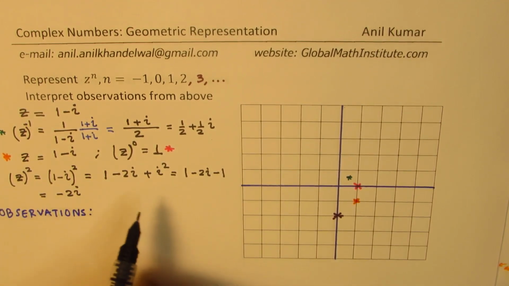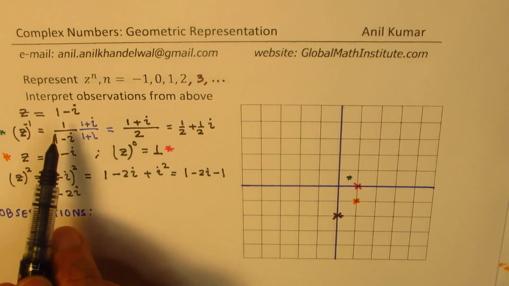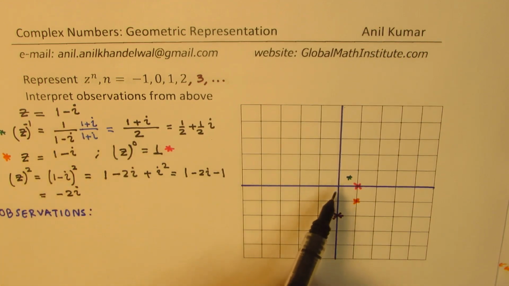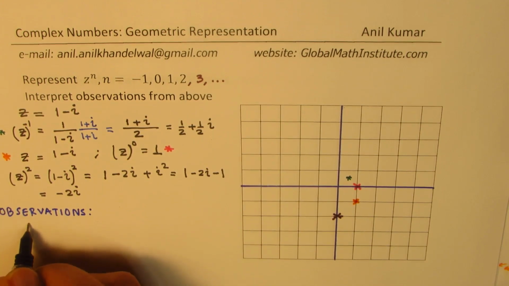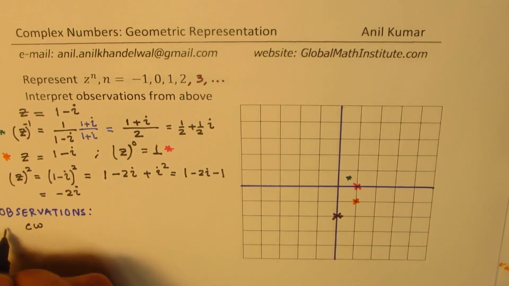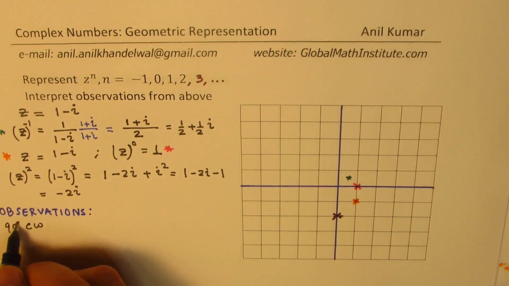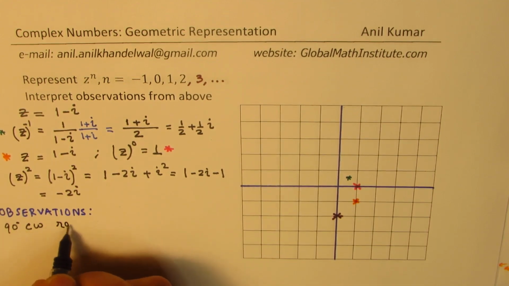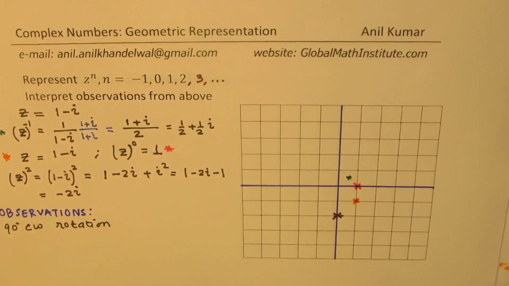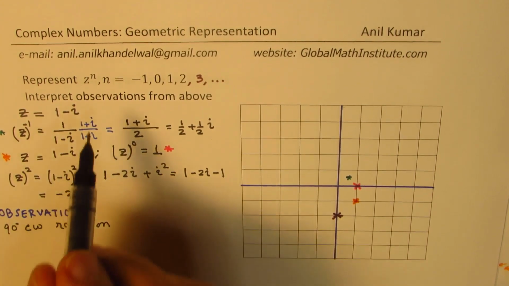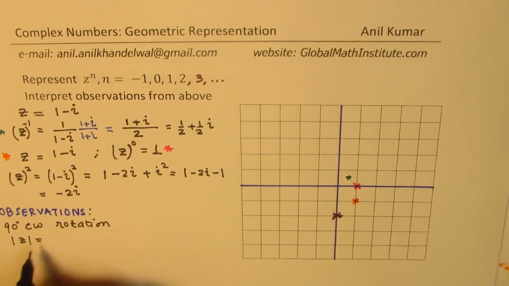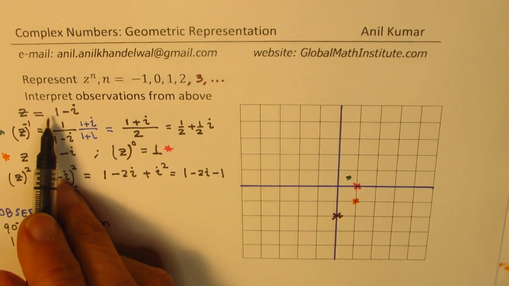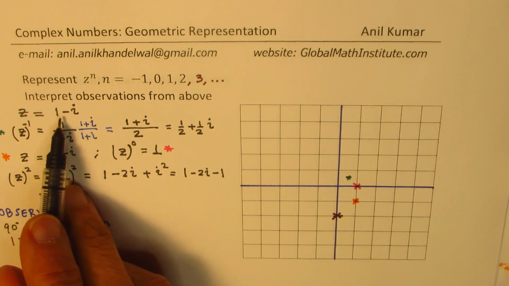One is, in this particular case, since it is 1 minus i, we have a clockwise rotation, 90 degrees clockwise rotation, right? And second, the magnitude of z is basically 1 plus 1, right?